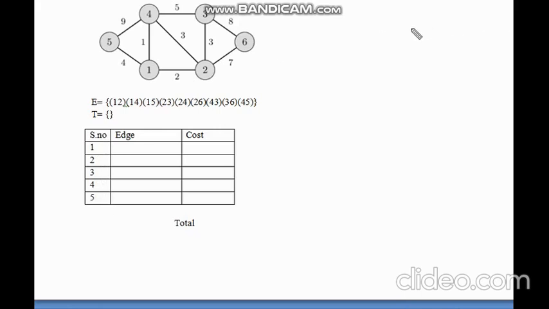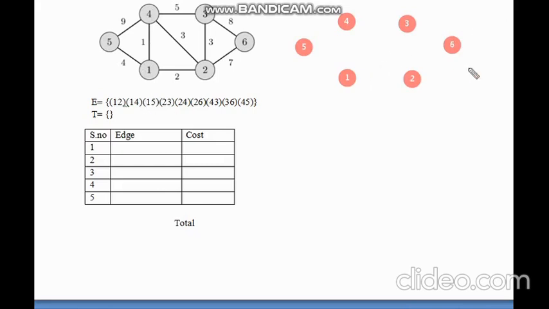Okay, so first take the vertices as they are, like the given graph without edges, right? So what is the second step? Choose the least cost from the set of edges. Which edge has the least cost? 1 to 4, right?